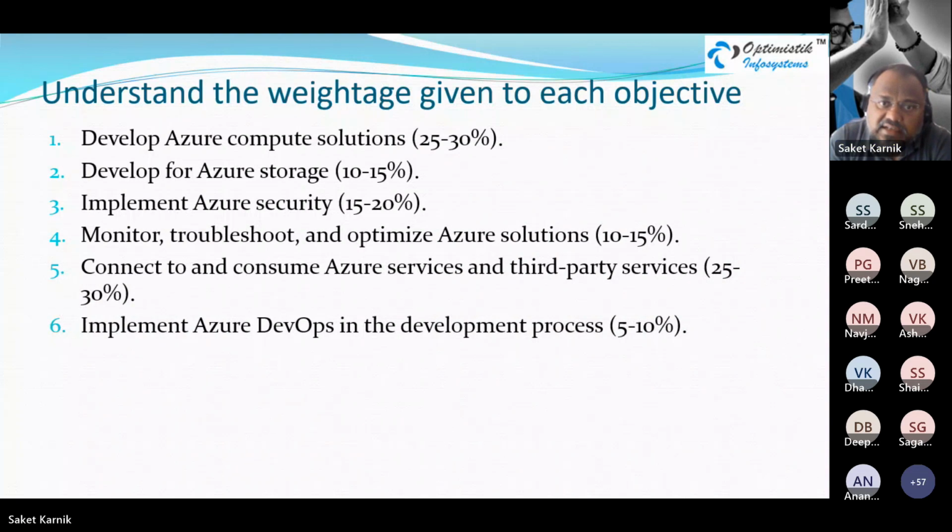And then DevOps is a small percentage, it's usually 5% only. I've put 5 to 10% because sometimes one question here and there makes the weightage change. So usually it is 5% only. So minimal impact of Azure DevOps topics is there on the certification. Even if you don't have the idea of DevOps, that's okay.